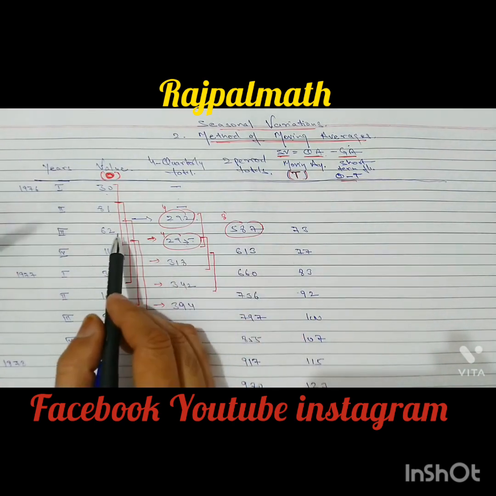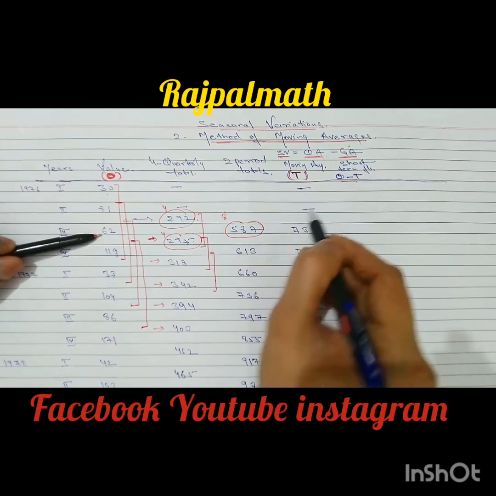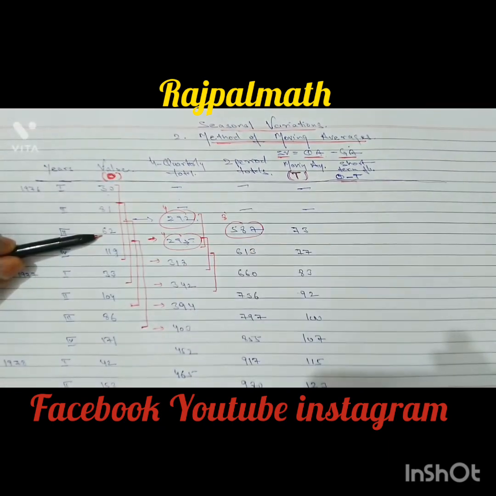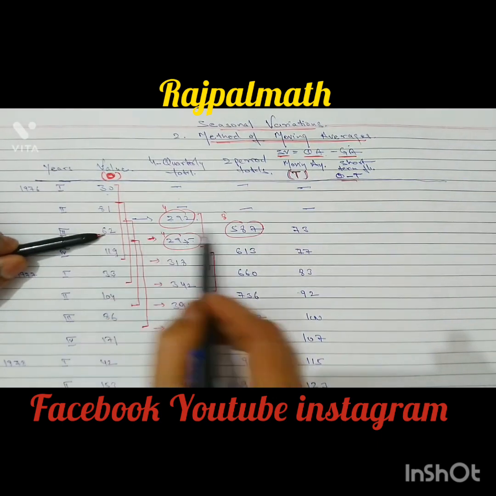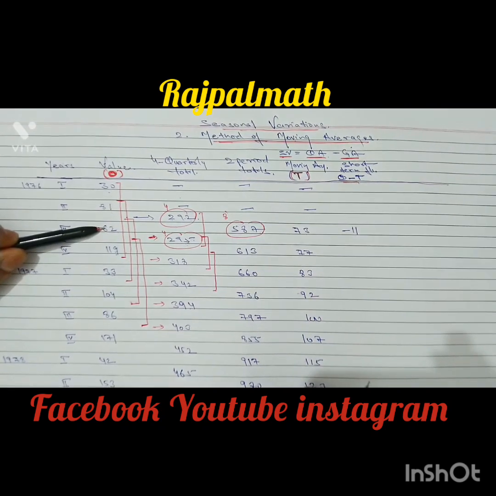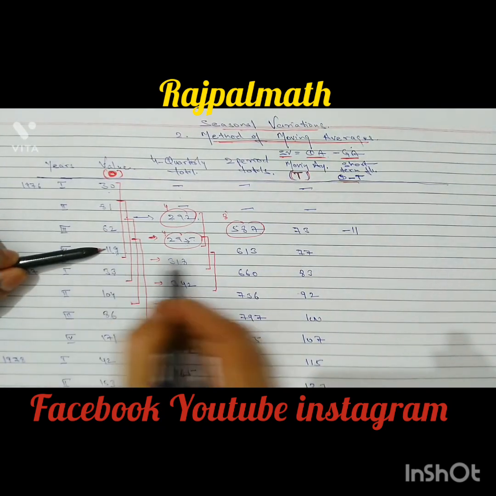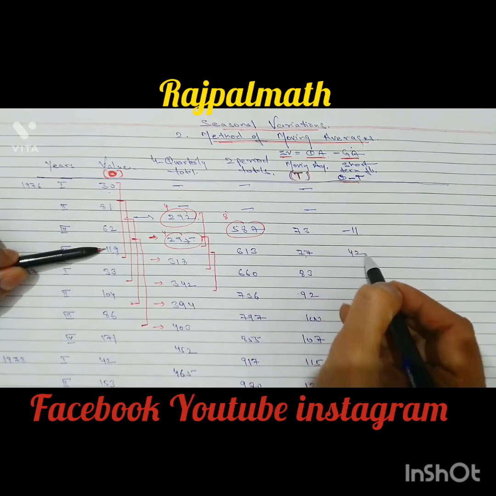O minus T is, O value is 62, we don't have the first two values. 62 minus 73 means minus 11. Clear? 119 minus 77, O minus T is 42.